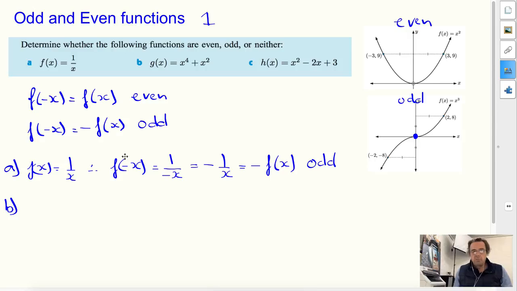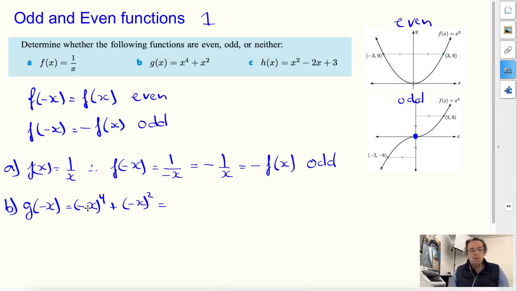g of x is x to the power 4 plus x squared. I'm going to find g of negative x. g of negative x is negative x to the power 4 plus negative x to the power 2.